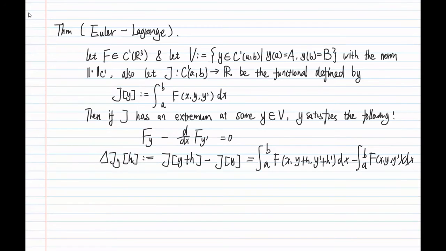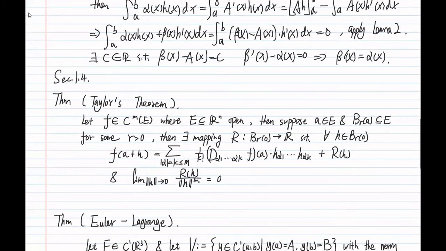Now we pull them into one integral, so this equals the integral from a to b of f of x, y plus h, y prime plus h prime, minus f of x, y, y prime, dx. And now here we would apply our Taylor theorem.